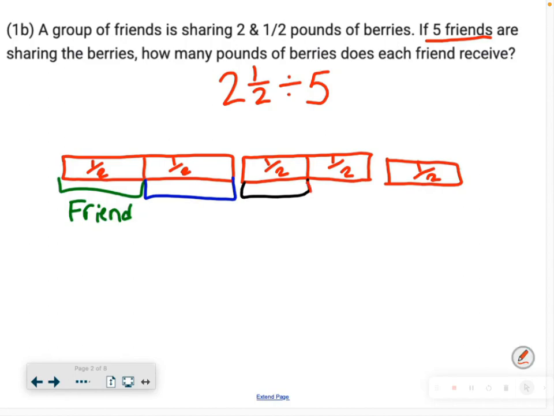Now you can see every color here is representative of a different friend, with green being the 5th friend. And so our answer, how many pounds of berries does each friend receive? Our diagram shows each friend getting 1/2 of a pound.